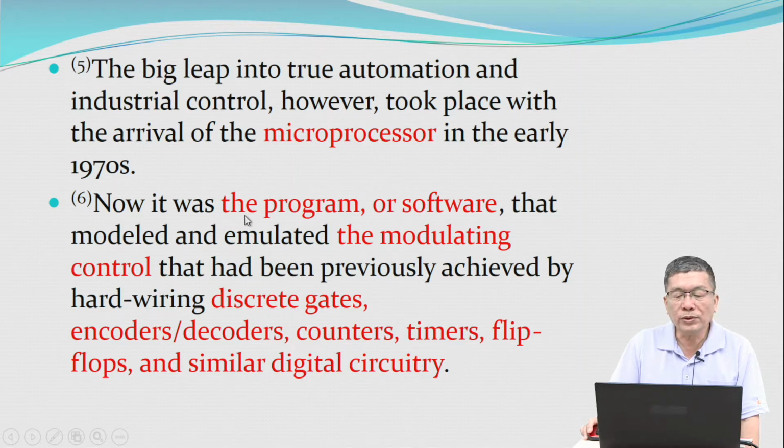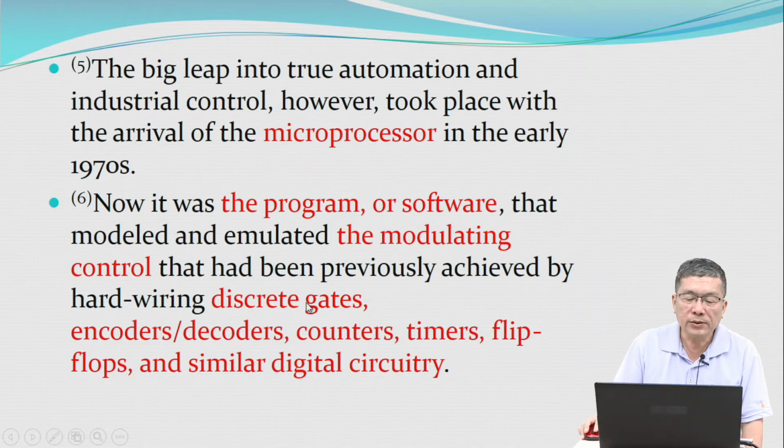Now it was the program or software that modeled and emulated the modulating control that had previously been achieved by hardwiring discrete gates, encoders, decoders, counters, timers, flip-flops, and similar digital circuitry.